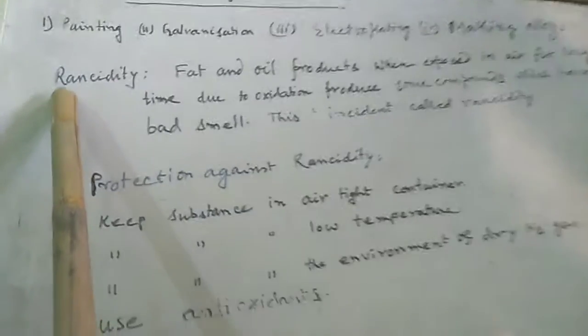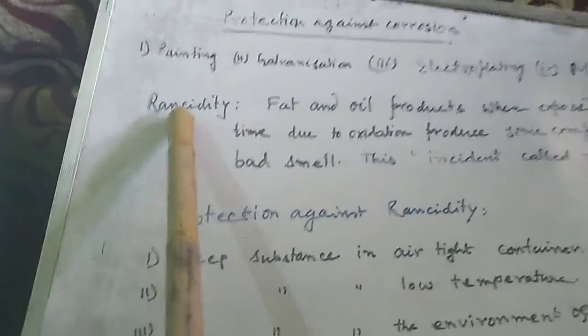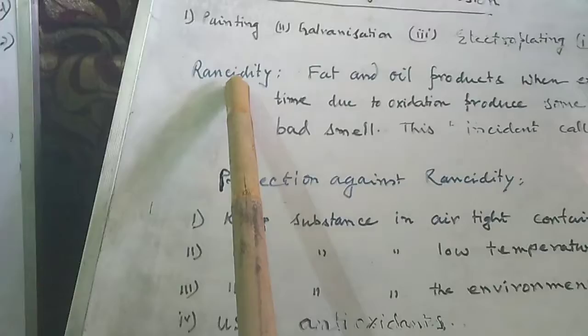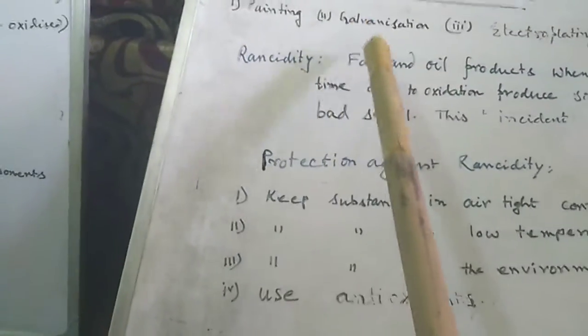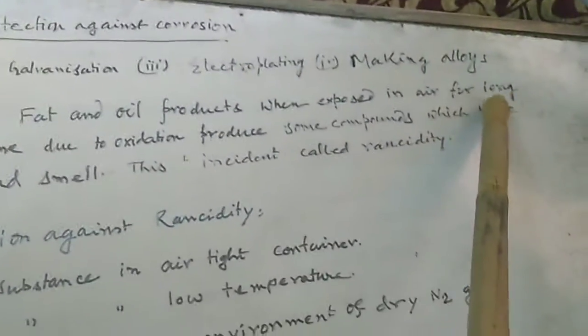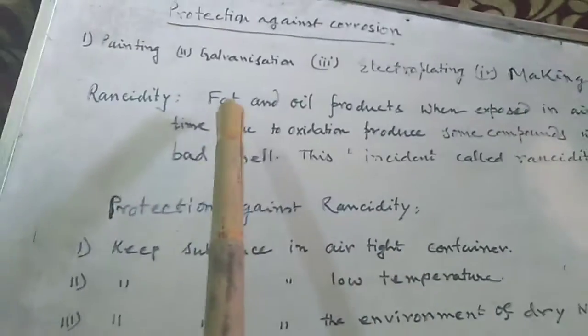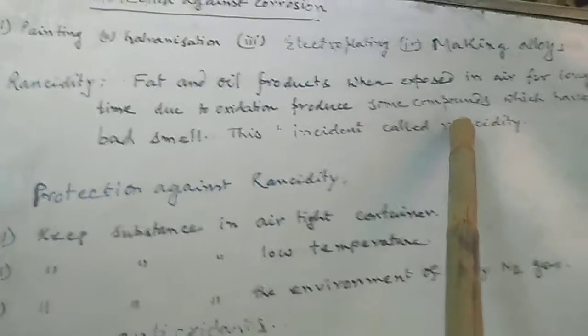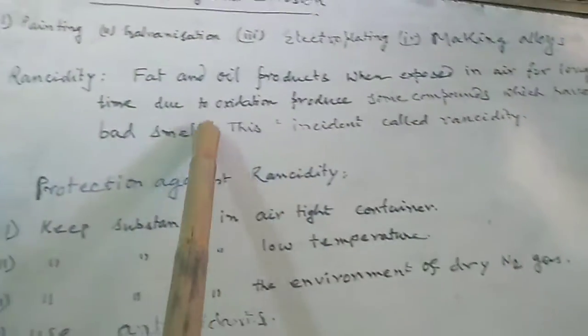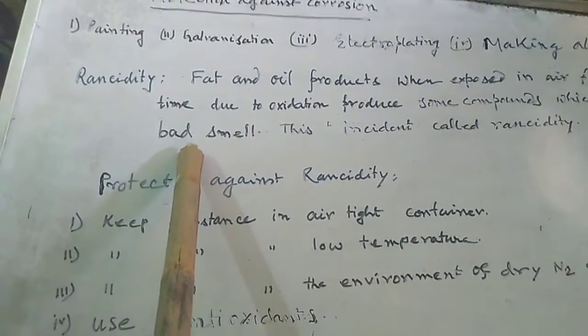Now we come to another oxidation process: rancidity. Rancidity is when fat and oil products, exposed in air for a long time, produce through oxidation some compounds which have a bad or foul smell. This is called rancidity.